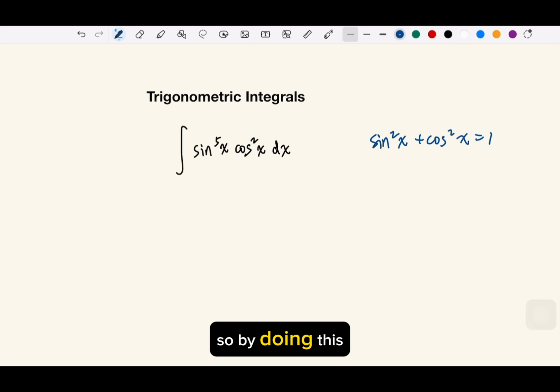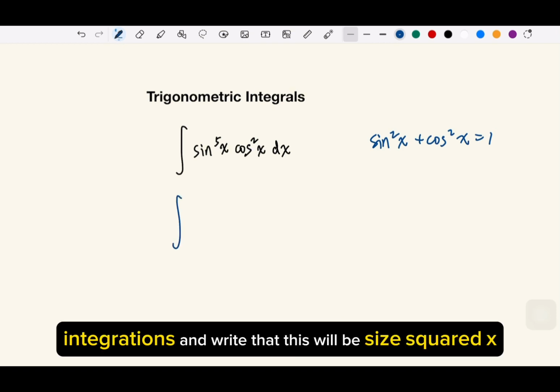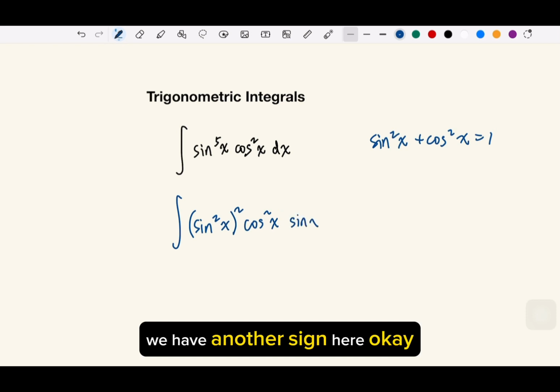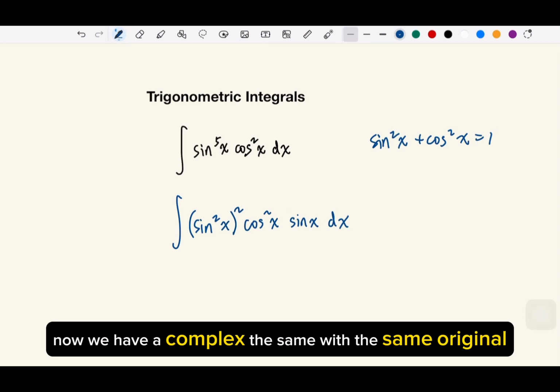By doing this, we can rewrite the integral as sine squared x squared, cosine squared x, and then the leftover is another sine. Now we have the same original integral.